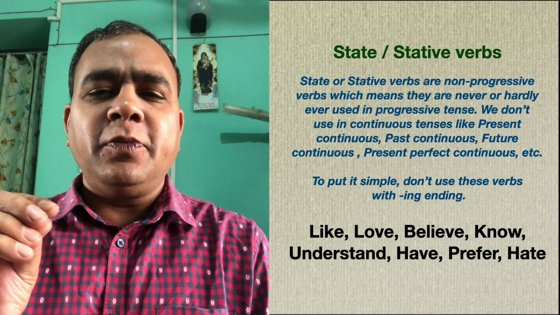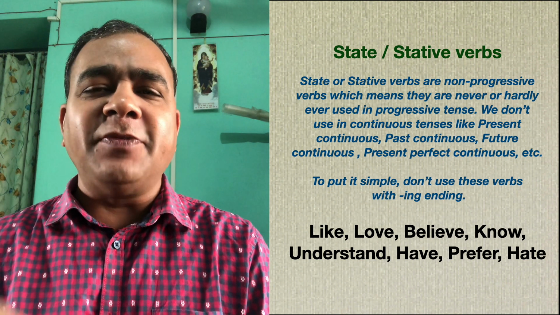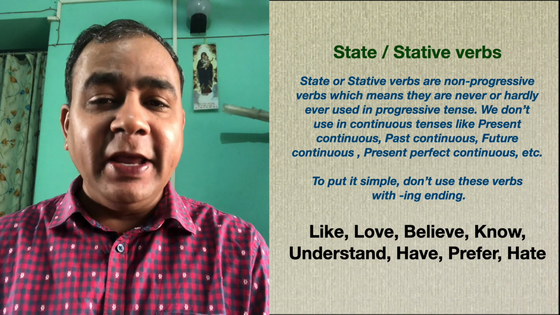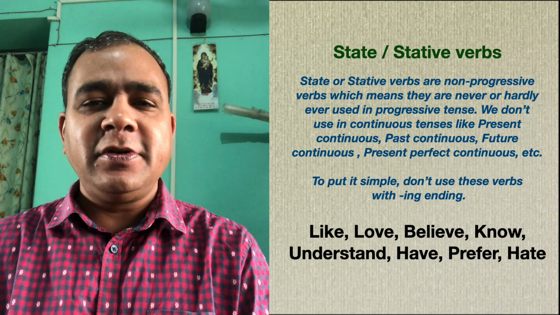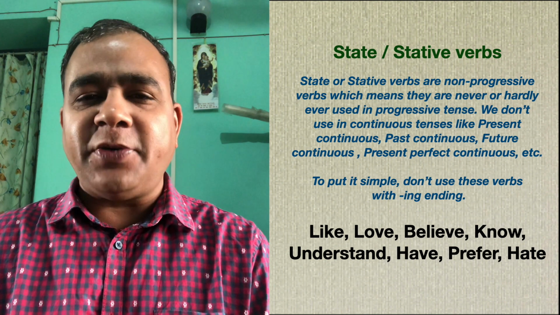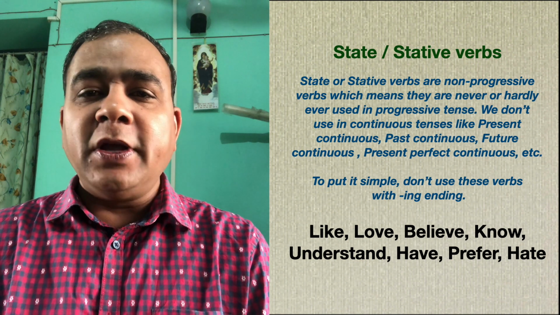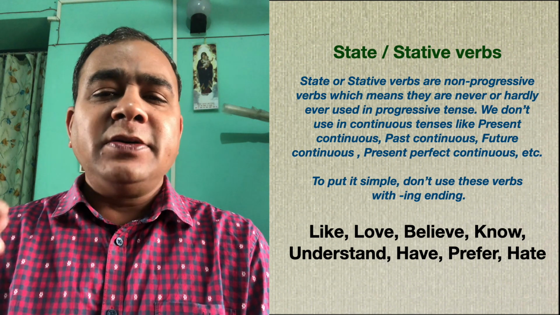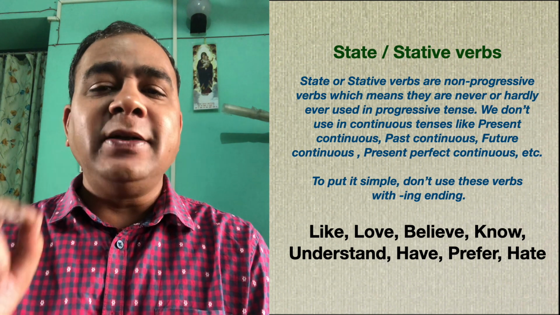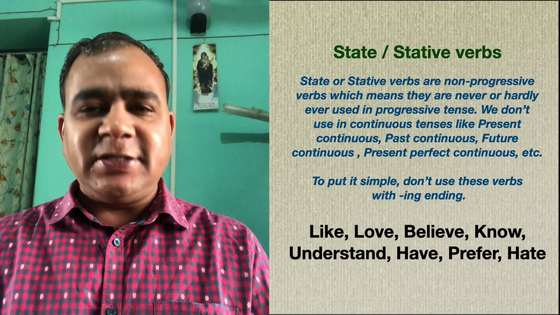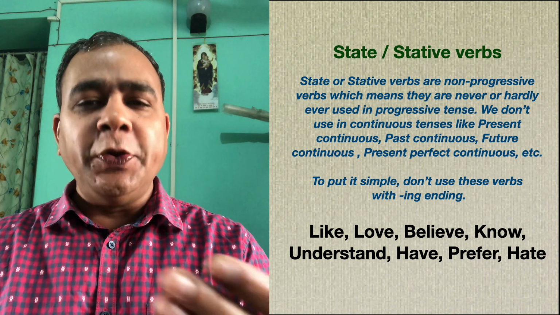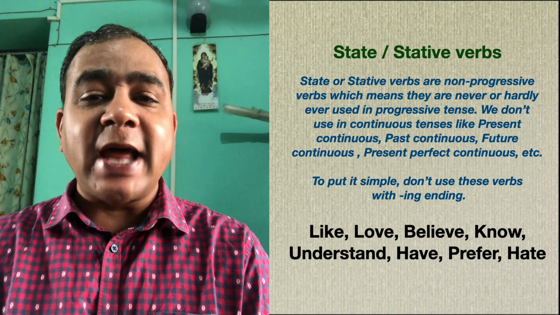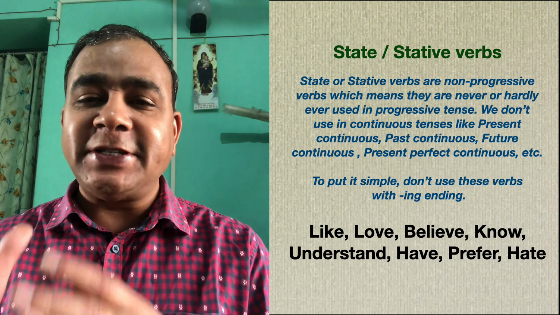So, for example, some of the state verbs like love, believe, know. Say for example, I like ice cream. You cannot say I am liking ice cream. Okay. Another example, classical example, understand. I understand when I see the video clip. I understand the grammar. You cannot say I am understanding because it is a state verb.